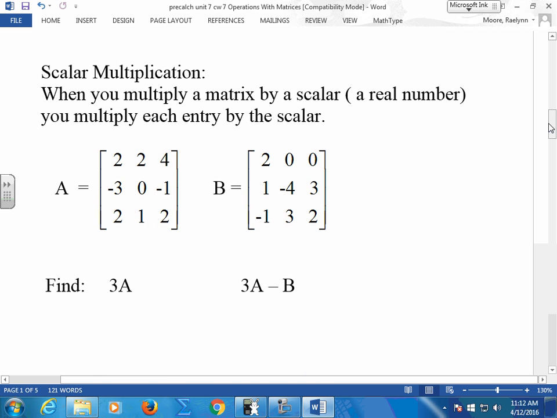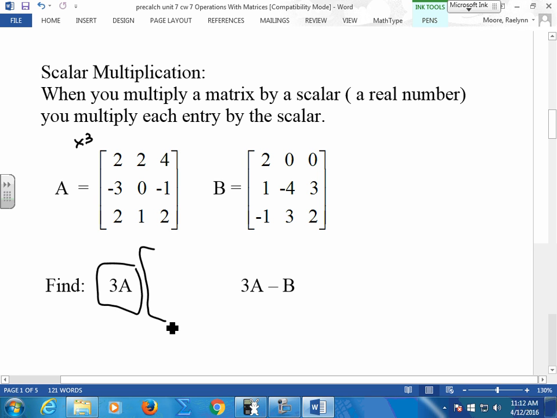Okay, now, scalar multiplication. Scalar multiplication is when you just multiply a matrix by a specific number, a scalar number. So if I want to do 3A, that means I take my matrix A and I multiply everybody by 3. That's all it means, every element by 3.